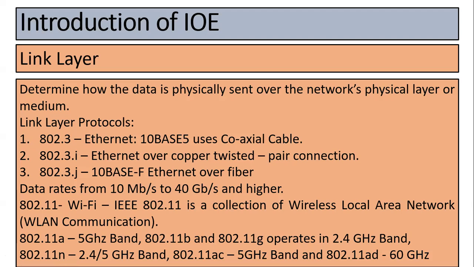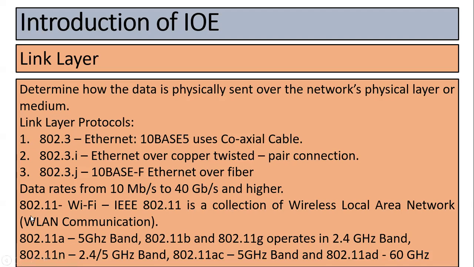For that, 802.3j, that is 10BaseF Ethernet, was used. In this, the data rate was between 10 Mbps to 40 gigabits per second and higher. More than that, because of the optical fiber, the speed can be more than 40 gigabits per second.